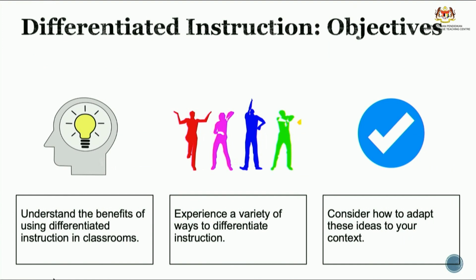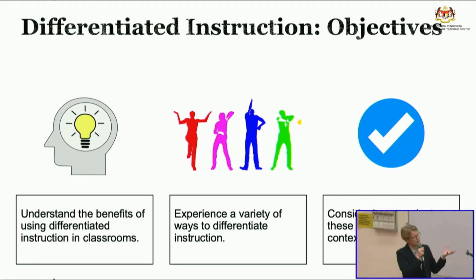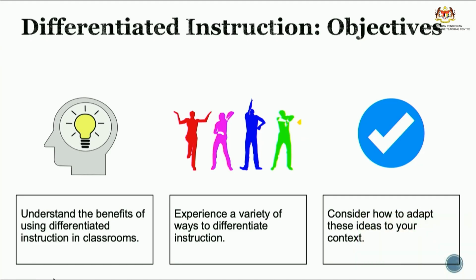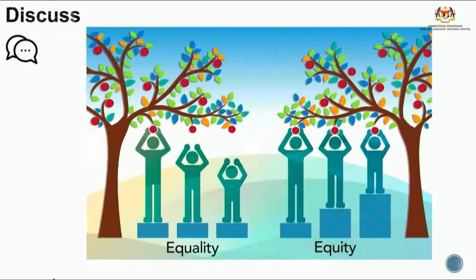So session 2, we're talking about differentiated instruction a bit. Similar objectives: understanding more about the benefits of using differentiated instruction, experiencing a variety of ways to differentiate instruction, and then considering how we can adapt it to our contexts.